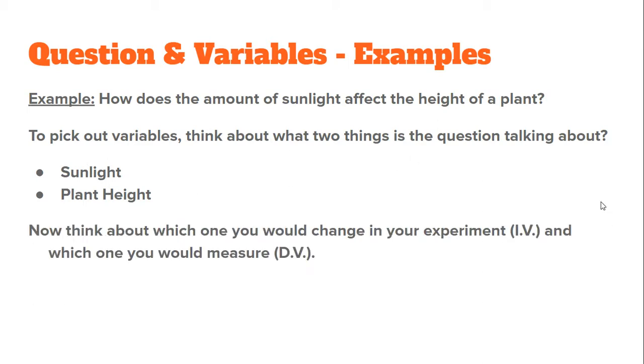Now, to determine which one's the independent variable and which one's the dependent variable, think about what would be changed in this experiment and what would be measured. Would you change the sunlight or would you measure the sunlight? Would you change the plant height or would you measure the plant height?